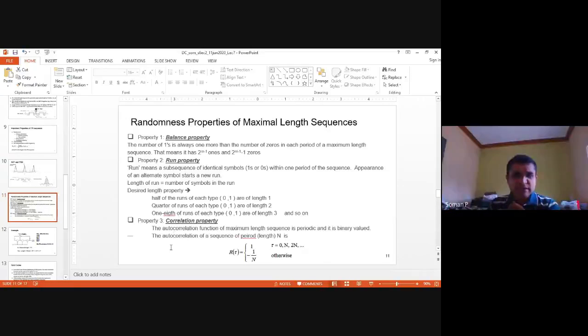Then property 3 is the correlation property that I have just explained. The autocorrelation R of tau is equal to 1 for tau equal to 0, and since it is periodic, the same at n, 2n, like that. And R of tau is equal to minus 1 by n for any value of tau or k that is not equal to 0 or multiples of the period n.